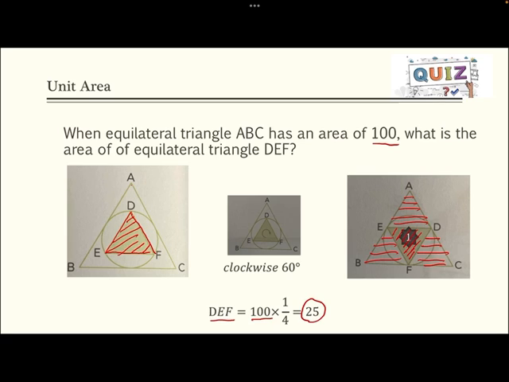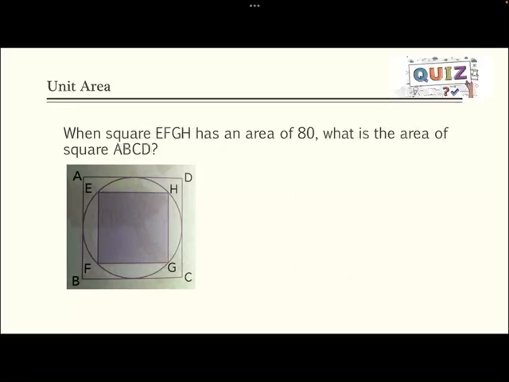This is a very special thinking skill that we can use when dealing with the area of a shape. This is a very good example. So by using that example, let's look at this one. You might pause the video for a little bit to give yourself some time to think about what you are going to do if you are asked to find the answer for this question.